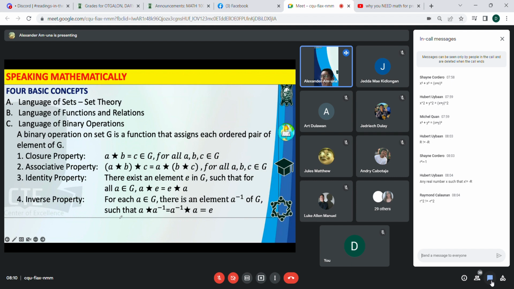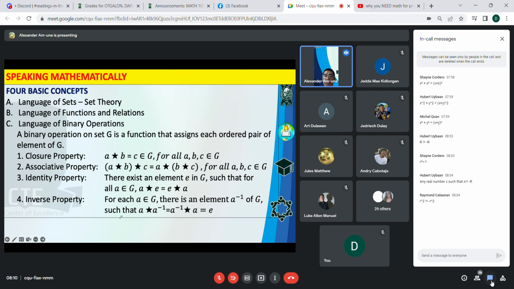When we say identity, it means it is just the element or the number that won't change the other value. And you will observe this in multiplication, that the identity property of all numbers in multiplication is 1, right?